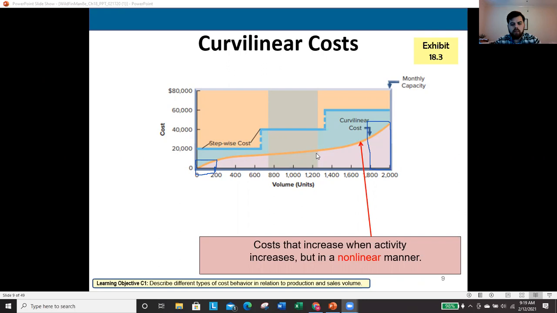Well, at first, if you've only got one person, but you've got, say, 10 phones set up, every person you hire is going to add a lot to this production because now that phone is being used. So you see this large jump in productivity very, very quickly. But what happens when you hire an 11th person? Well, there's only 10 phones. So that 11th person, by definition, can't be as efficient as the other 10. So what they might start doing is pulling customer lists for the other people, getting them coffee, doing various things to help speed them up. But in and of themselves, that 11th person is not that efficient.